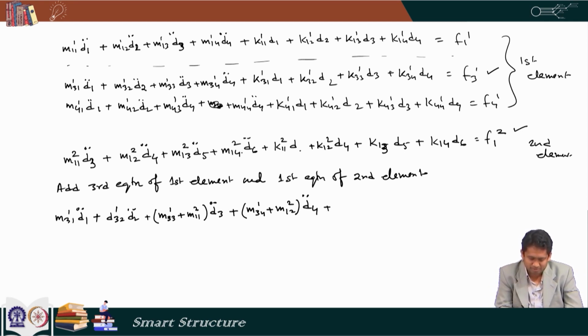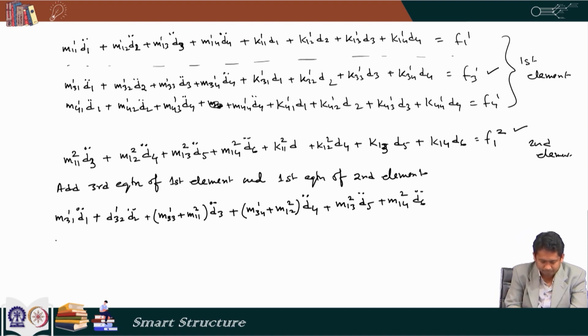Then I have these two terms, they do not get added to anything: M32 D5 double dot, M13 of 2 D5 double dot, M14 of 2 D6 double dot.